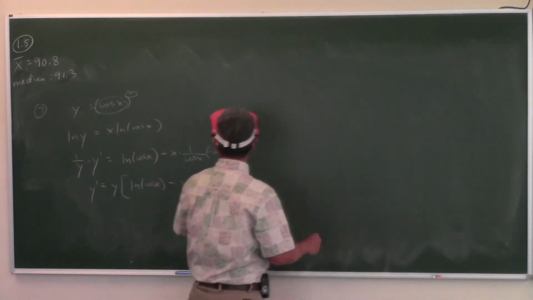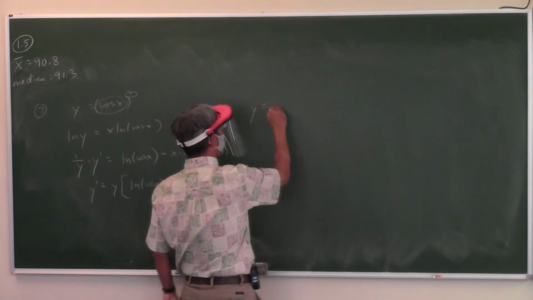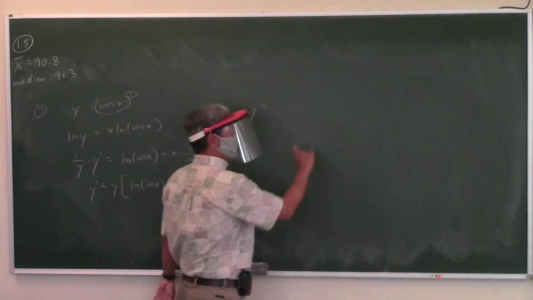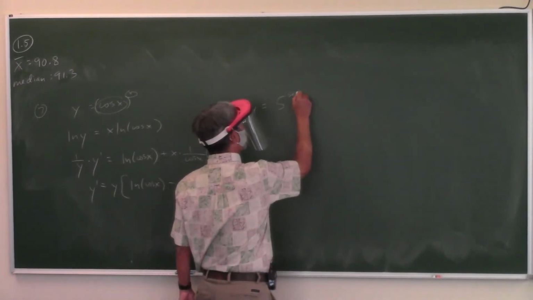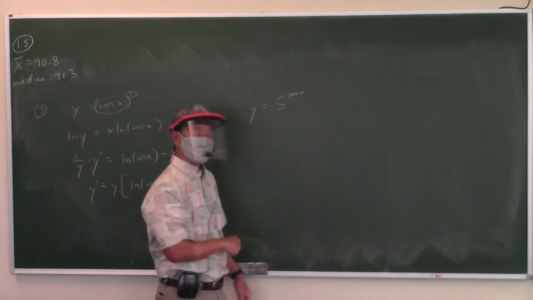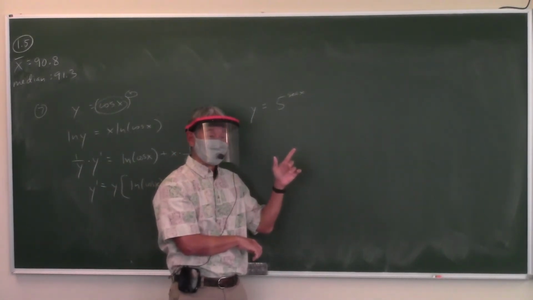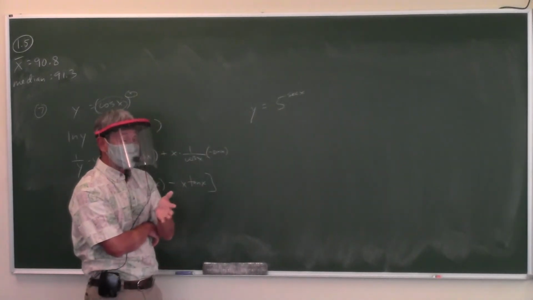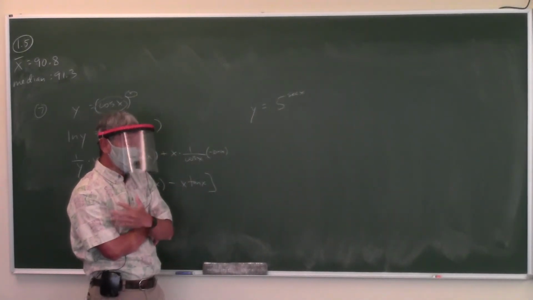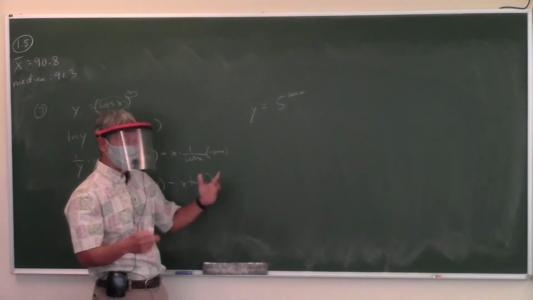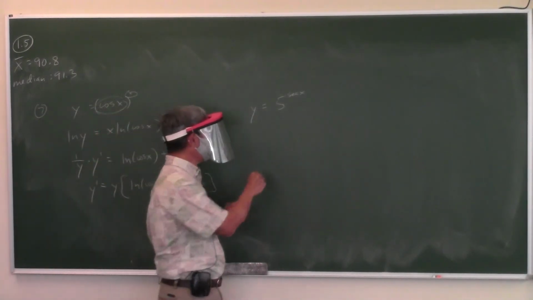But what happens when you have this? What if you had y equal 5 to the secant x? We have a rule for that. This is the a to the u rule. Yes, you can natural log both sides if you forget the rule, and it'll come out to the same thing, but I would rather have you just know the rule.